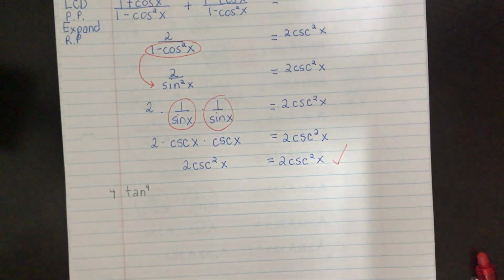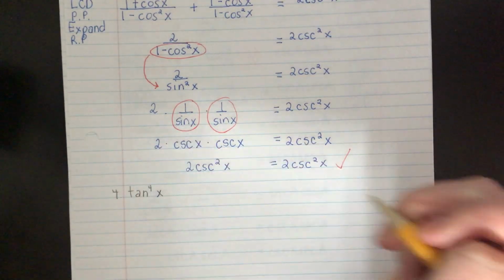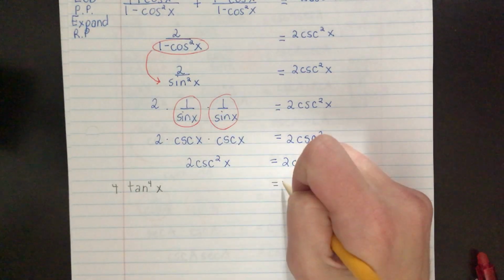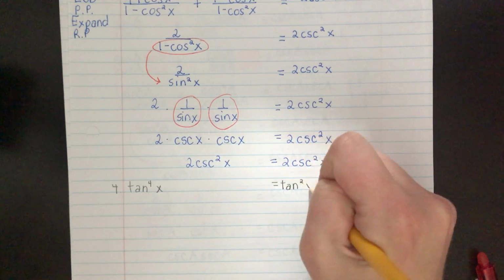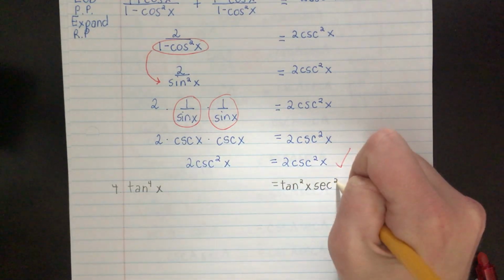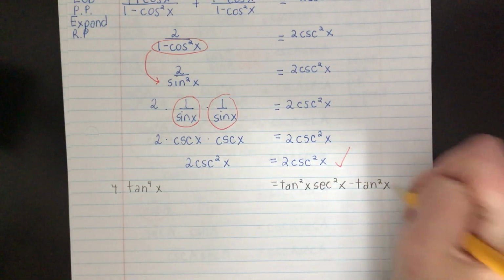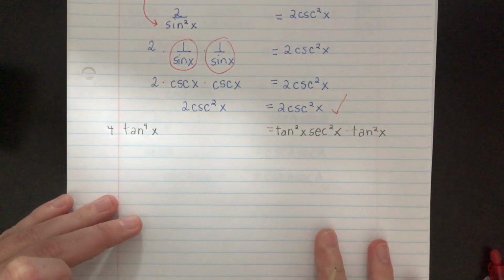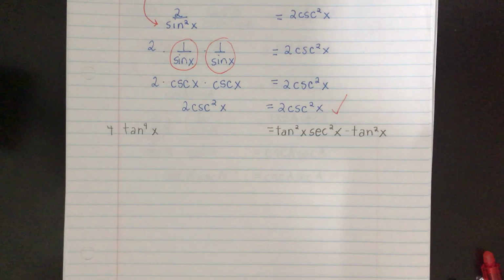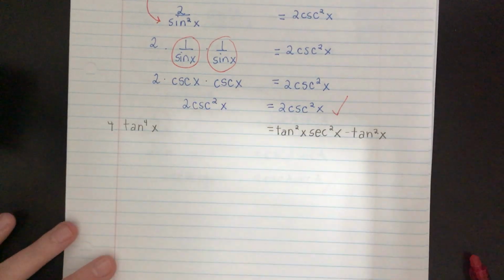Tangent to the fourth of x should equal tangent squared of x, secant squared of x, minus tangent squared of x. Ooh, that's ugly, isn't it? Okay, so tangent to the fourth of x.